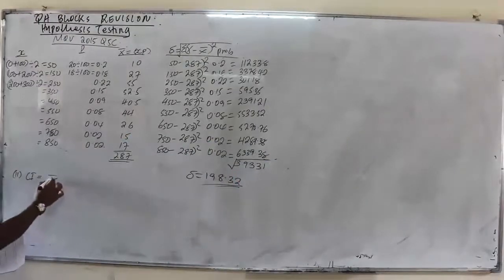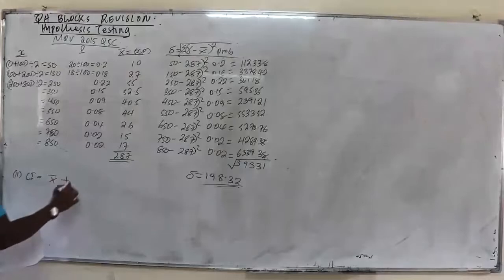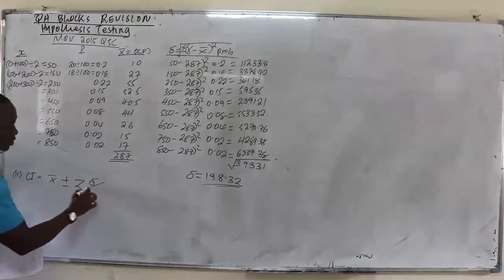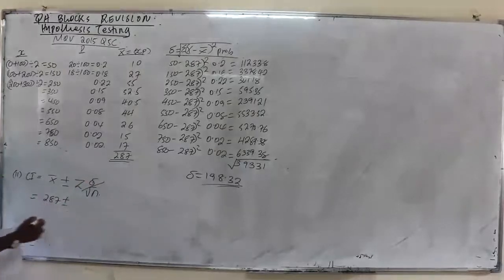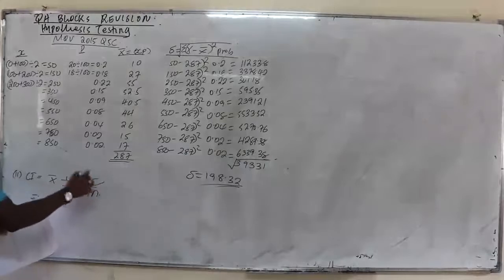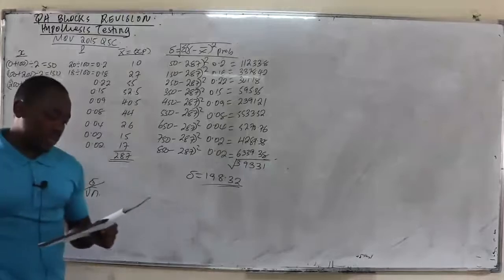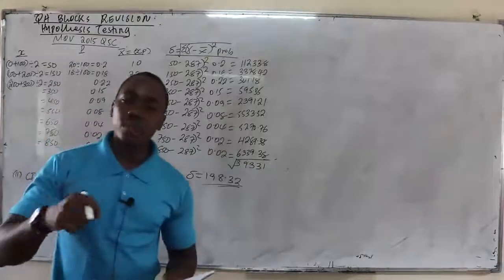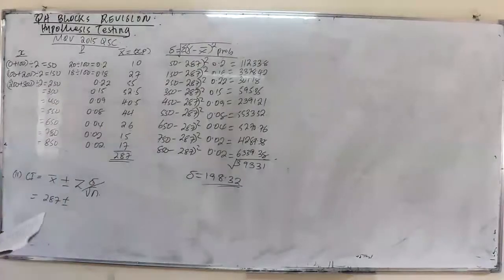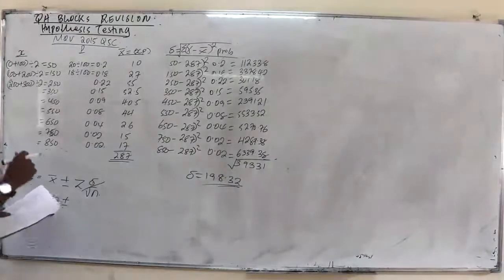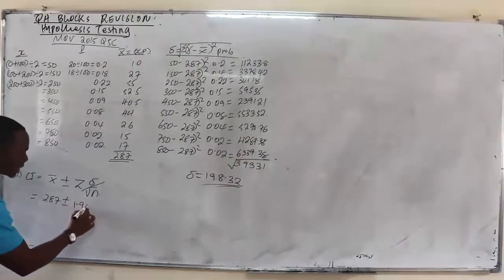Just take X bar plus or minus Z times the standard deviation over the square root of N. Our mean was 287 plus or minus the margin of error. For Z, we're taking a 95% confidence level, so the significance level is 5%. For the confidence interval we always use a two-tailed test, and for 5% two-tailed, our Z is always 1.96.